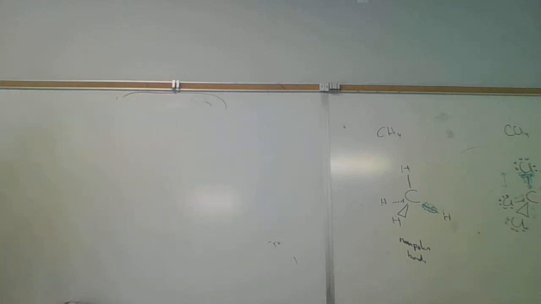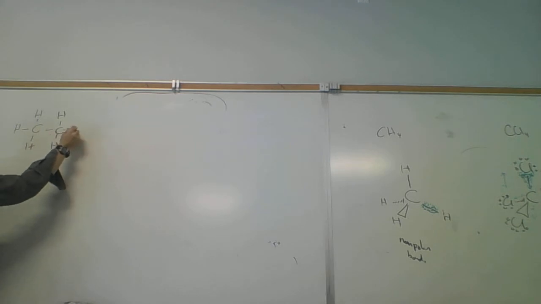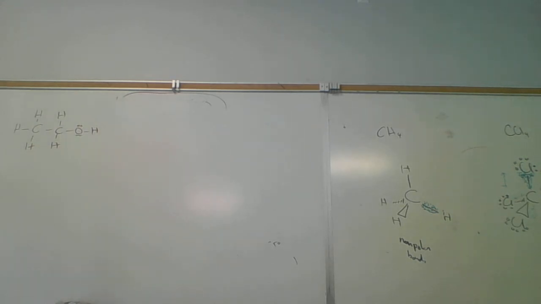So, if I draw ethanol, first we draw the Lewis structure, like this. And then we'll look at it here. First we'll look at the first carbon here. Actually, this is the second carbon. You know how we number the carbons?